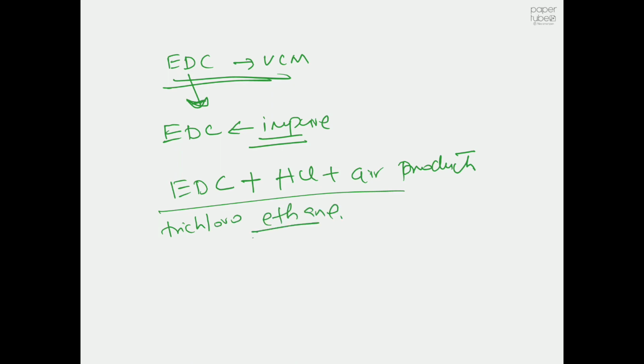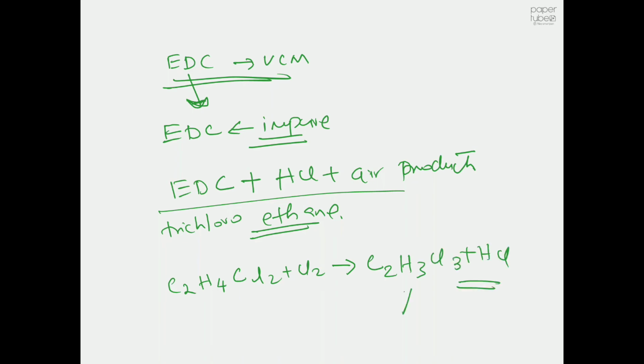The ethylene dichloride can react with chlorine again to give trichloroethane, which is an undesirable product, plus HCl. So we need to remove both this trichloroethane and HCl.